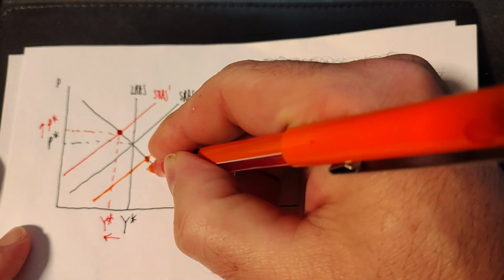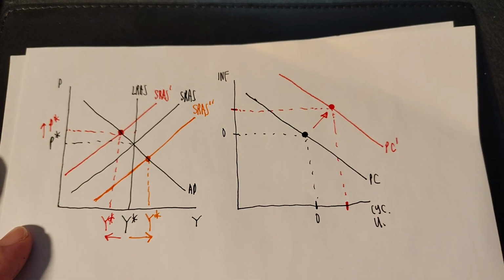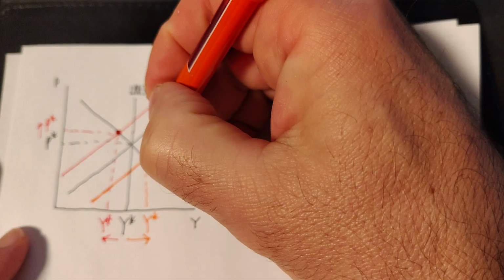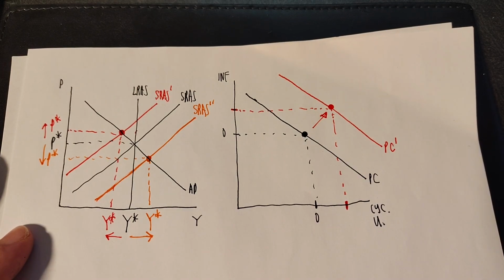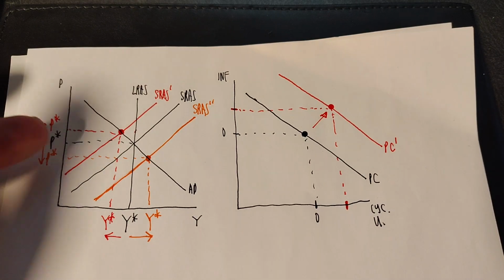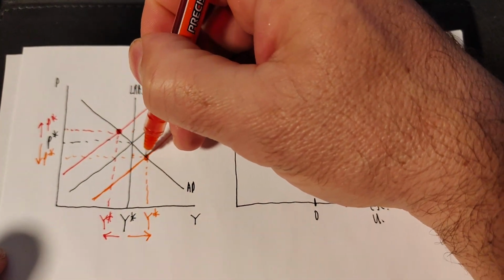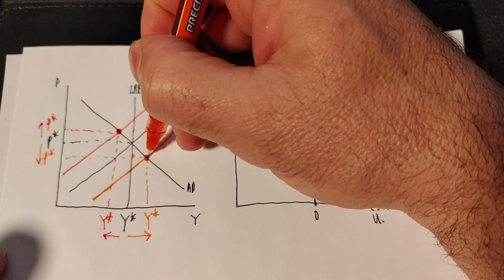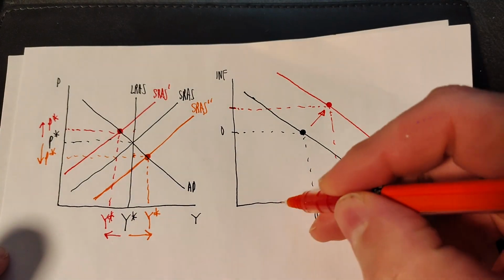All right, we have an increase in output, Y star, and we in fact now have a decrease in prices because production has become cheaper. And as a result, we produce a lot more, creates a surplus, that puts pressure on prices on average to fall. What kind of unemployment is associated with this equilibrium level of output here? We're producing at a level of output above potential, which means unemployment is going to be less than 0.